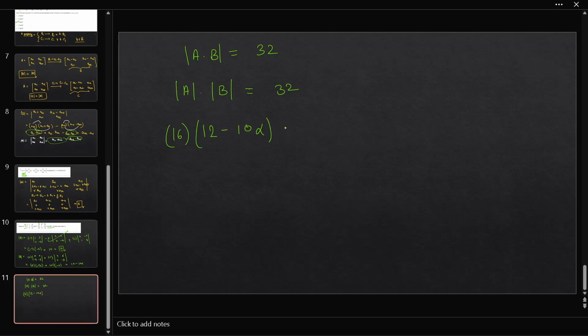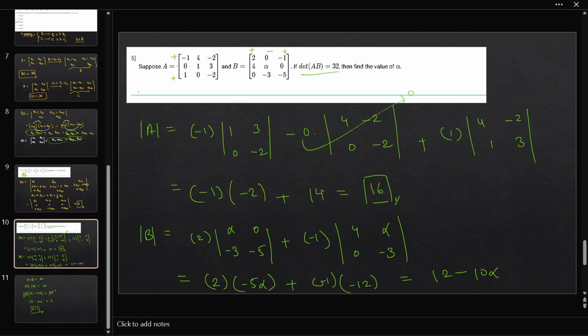So if we evaluate this expression to find the value of alpha, it is just 2 times 16. We have 12 minus 10 alpha is equal to 2. So if we put the value of alpha equal to 1, that would satisfy this equation. So the value of alpha in this case is coming out to be 1, and that is our answer for question number 5.